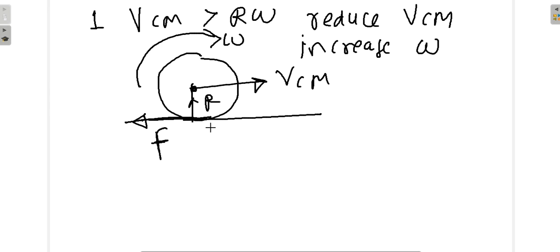At the same time the force of friction, which is opposite to the velocity of center of mass, which is opposite to the motion, will decrease V. So in this way VCM will go on decreasing, omega will go on increasing, and at one stage you will have VCM equal to r omega. When VCM becomes equal to r omega, the force of friction will disappear.